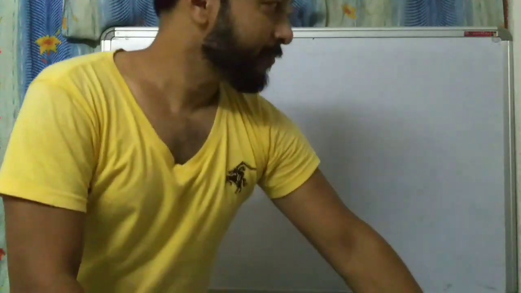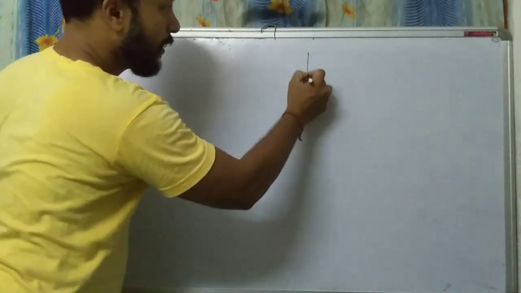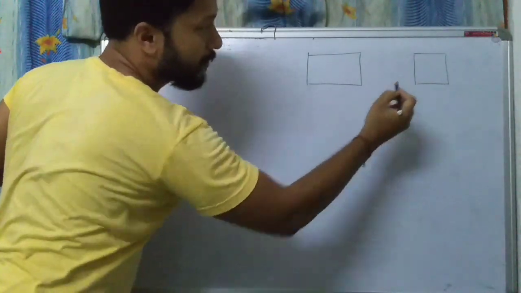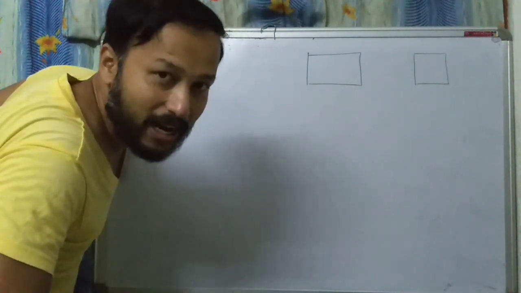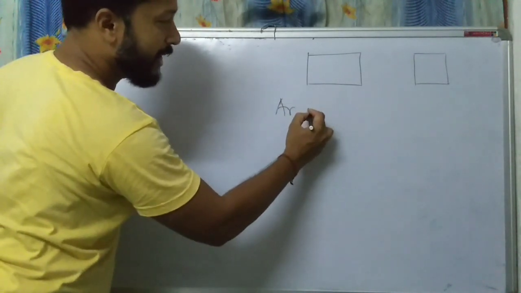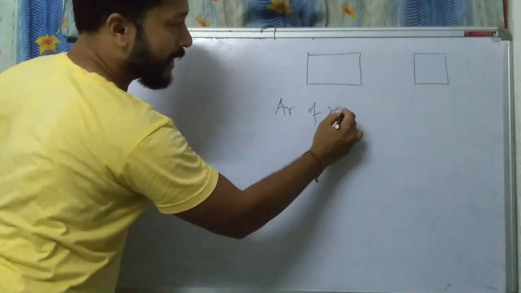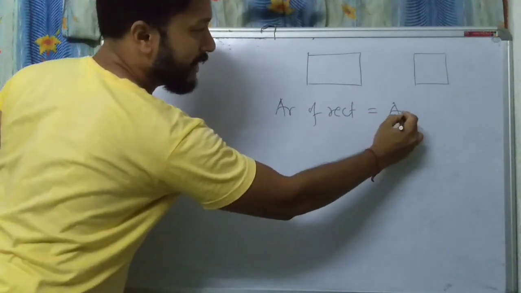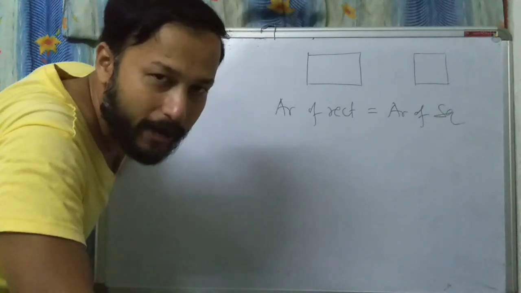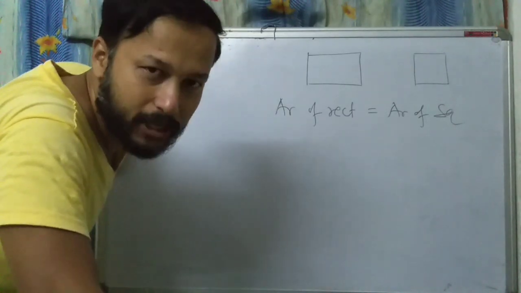Let's draw it. Rectangle and a square. Their areas are same. That means it's given in the question: area of the rectangle equal to area of the square.